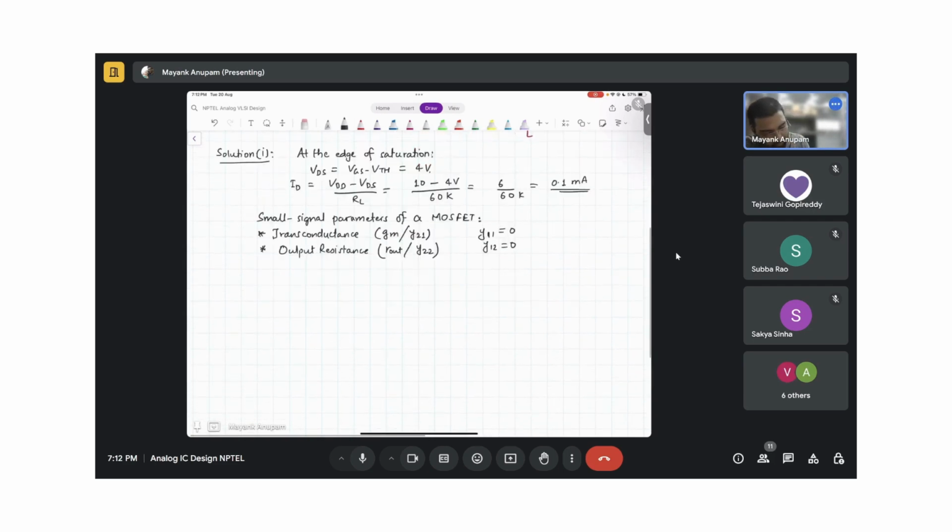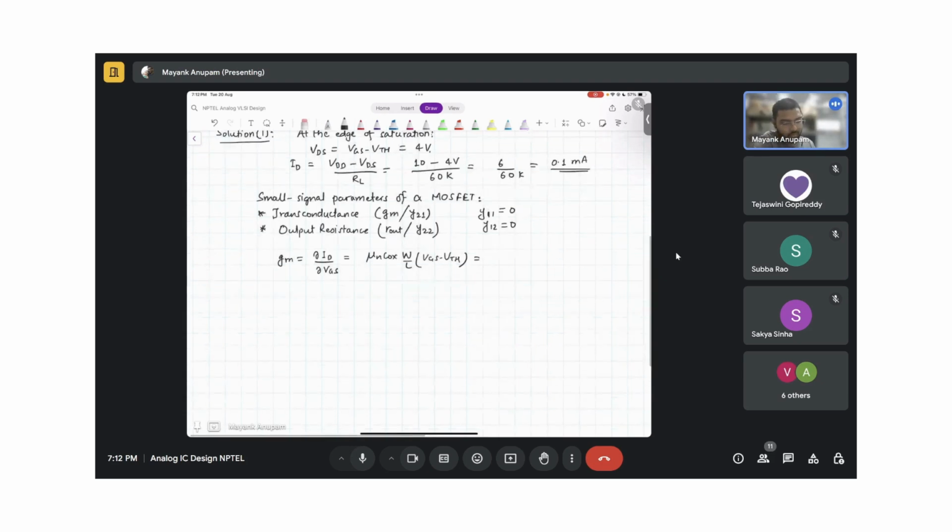What is that value? What will that be? This is also equal to how much?